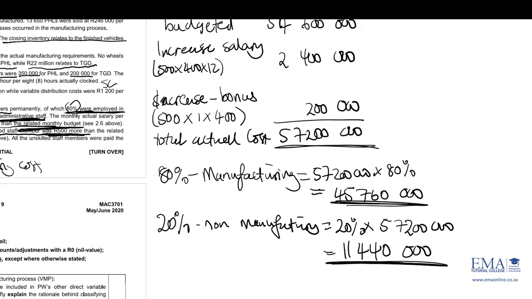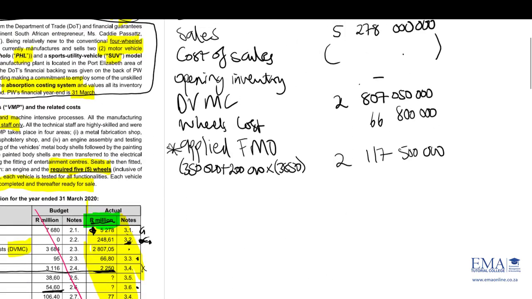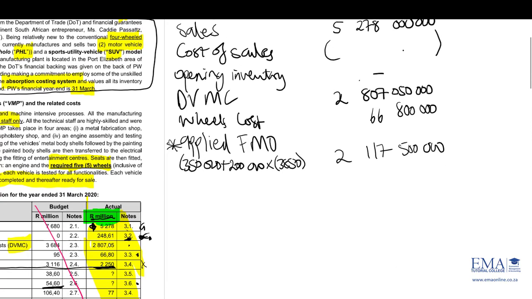So this is the part of the unskilled labor that goes into the statement before gross profit. So unskilled labor is going to be 45,760,000. Let me just write it properly.